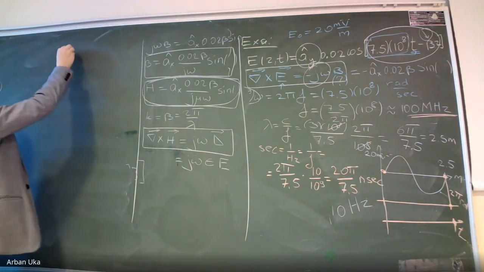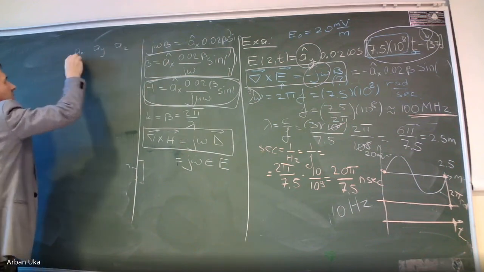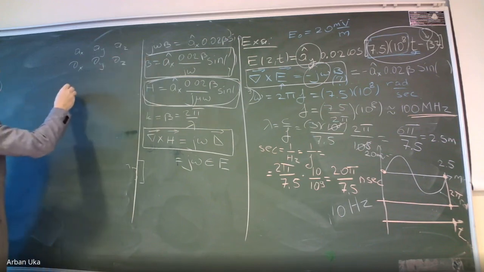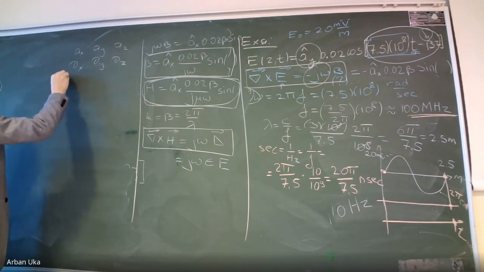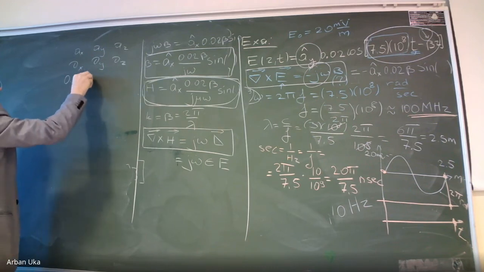So this is AX. Let's say AX, AY, AZ. AX, this is sine.